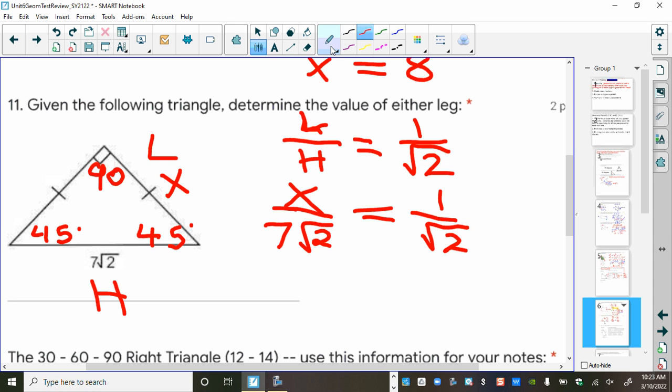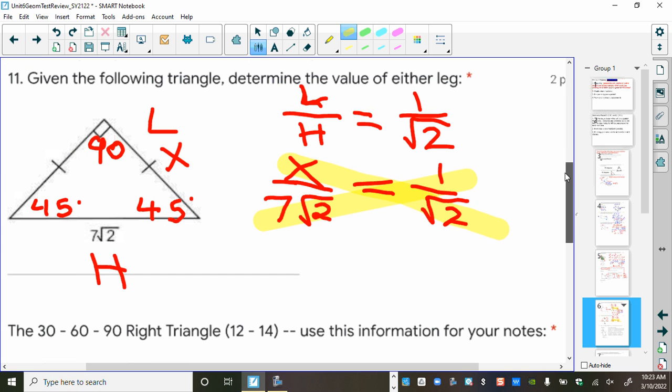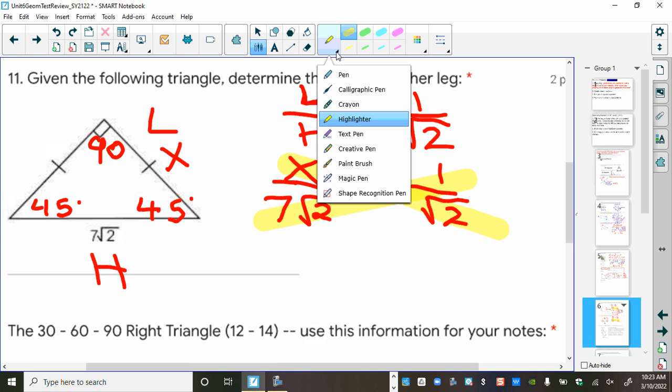Now we're back to what type of multiplication here? Got to do your cross multiplication here. And this was pretty easy because here's what's going to happen.